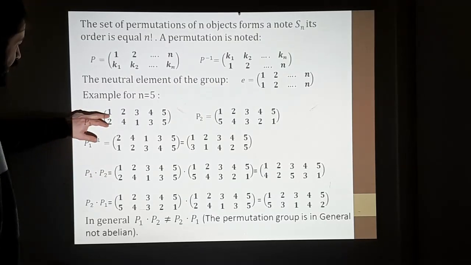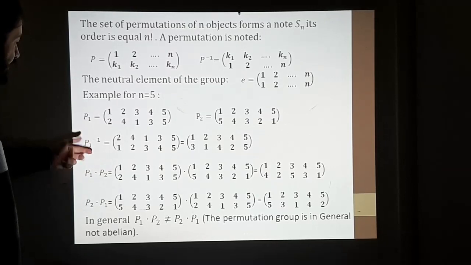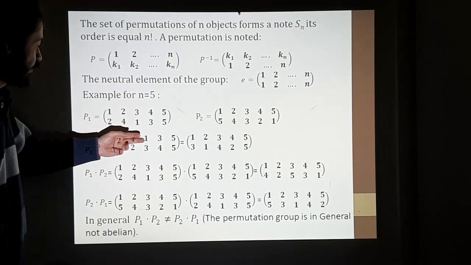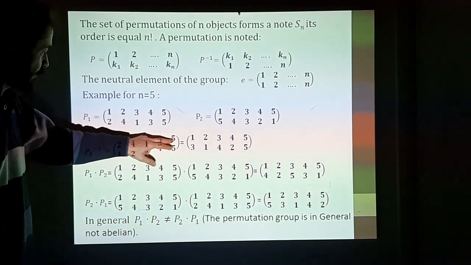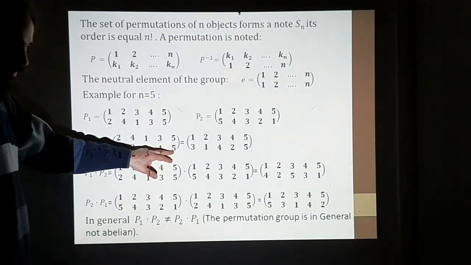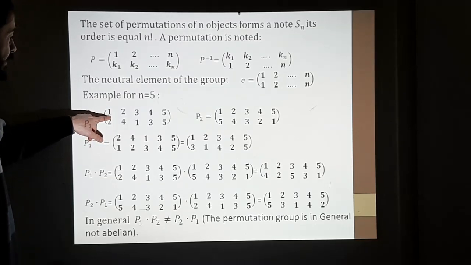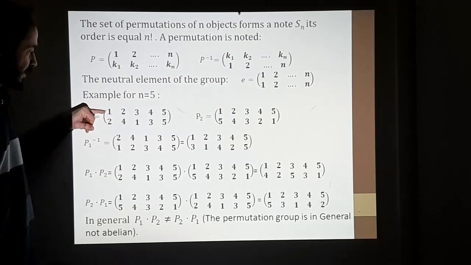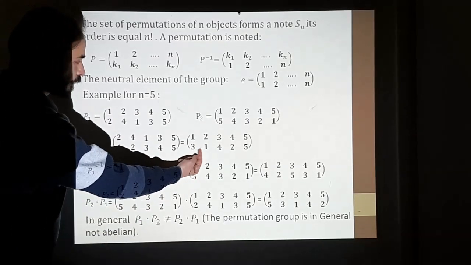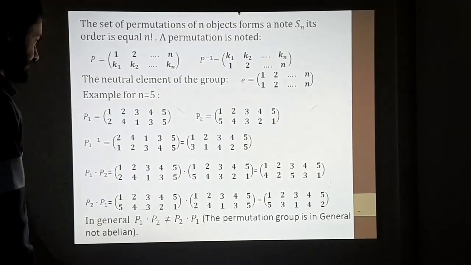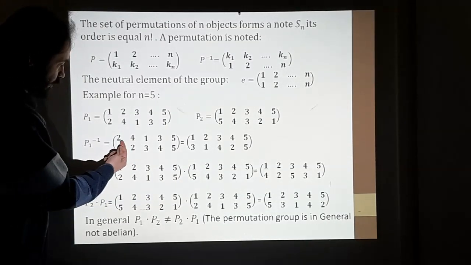So if p1 is 1, 2, 3, 4, 5 over 2, 4, 1, 3, 5, then p1 minus 1 is 2, 4, 1, 3, 5 over 1, 2, 3, 4, 5, because you start from this configuration and then you get this one at the end. Now, if you want to reorder it in the same convention, you just have to order the columns here.